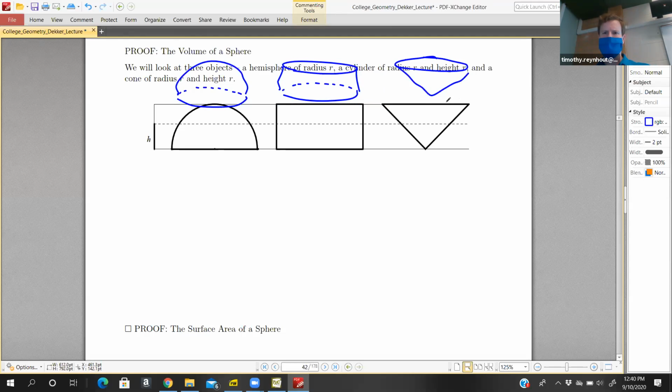So the radius of the cone is r, the height of everything is r, the radius of the cylinder is r, and the radius of the hemisphere is r.